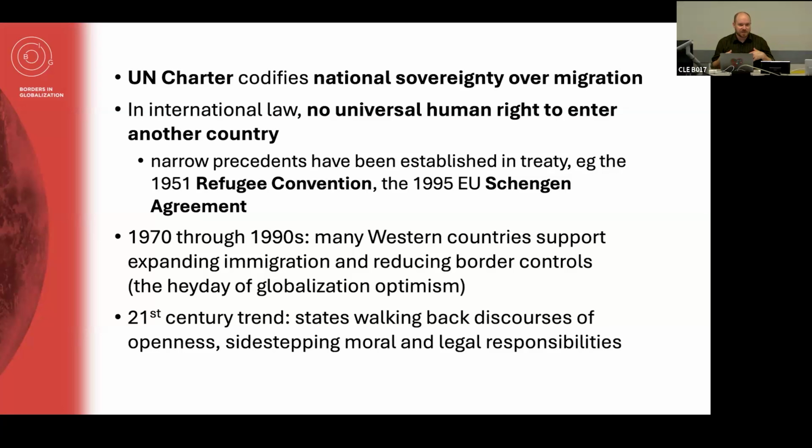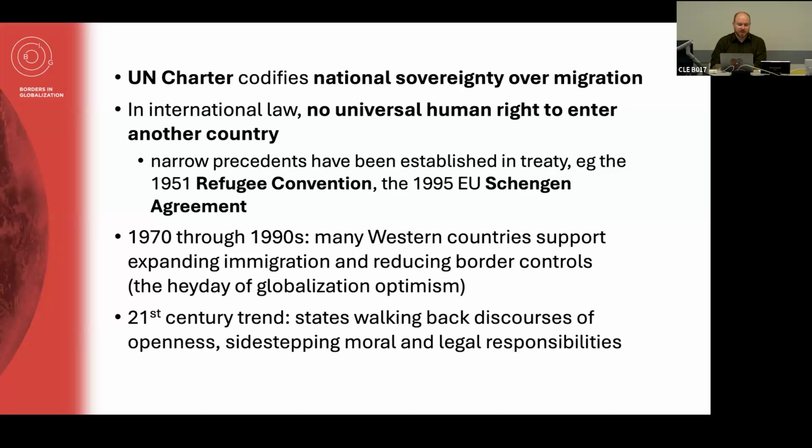So that is a burden imposed by international law through treaty on states to allow folks into their country under very particular circumstances. Whereas otherwise, of course, the norm of national sovereignty prevails, which says that states have complete authority over their borders and migration policy.